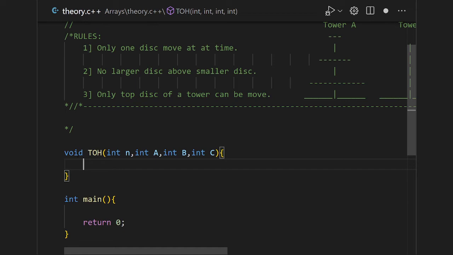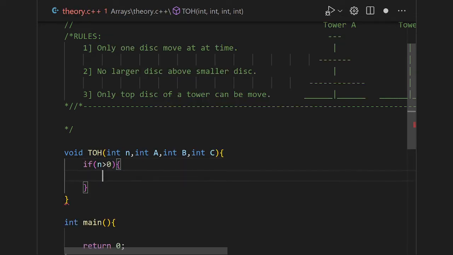We selected only three towers as per the problem, and the number of disks can be varied. We can take any number of disks. First, we have to satisfy that there should be at least one disk if we want to solve the problem. So that's why I take the condition n greater than 0. At least one disk should be there, so that we can move the disk from tower A to tower C.